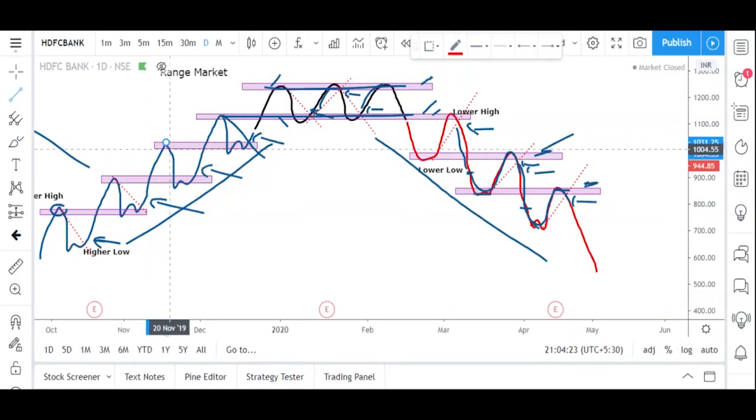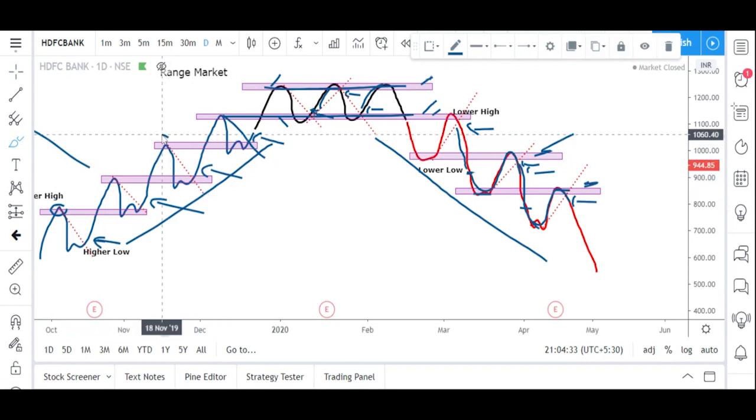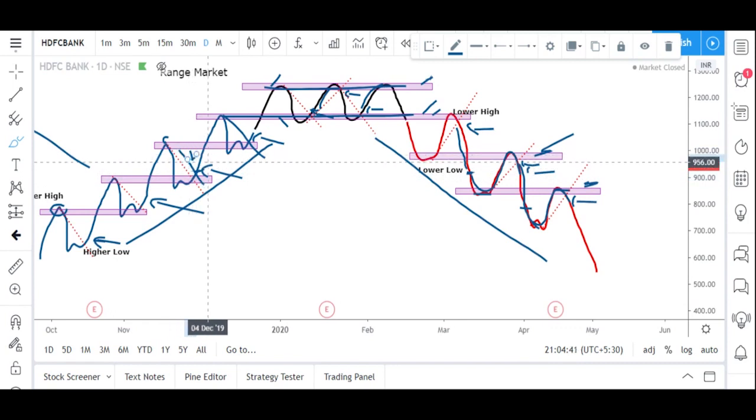These trend lines, guys, give us a confirmation to enter the trade. We take from the higher high region here and we draw a trend line here, and when this breaks, we enter the trade, and this gives us a confirmation.